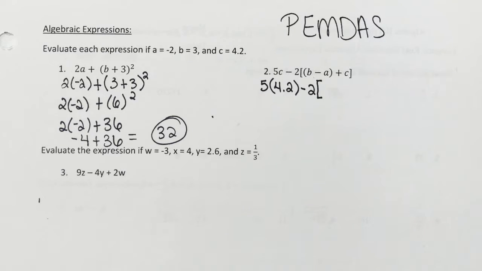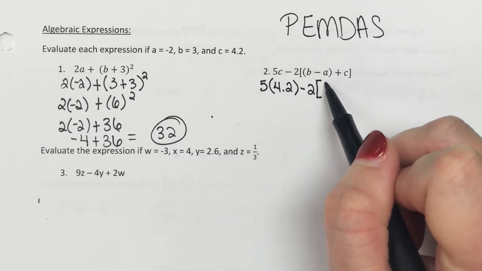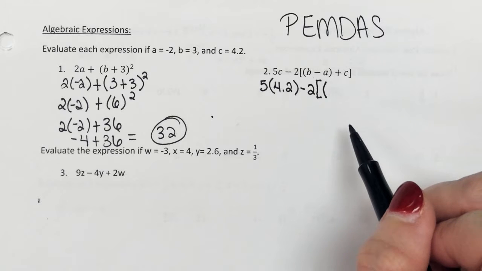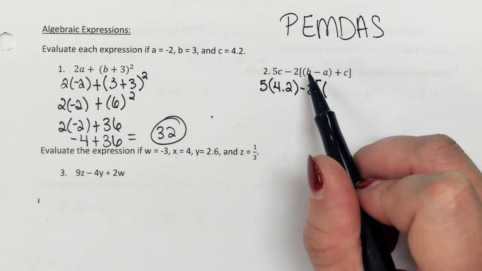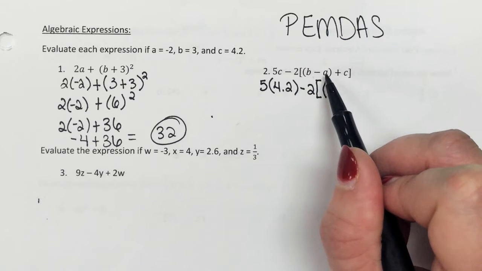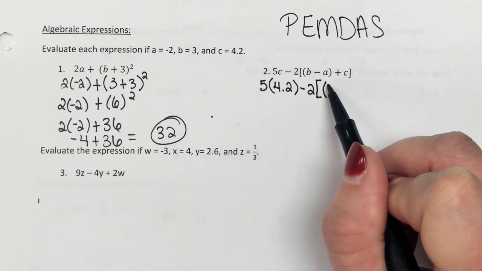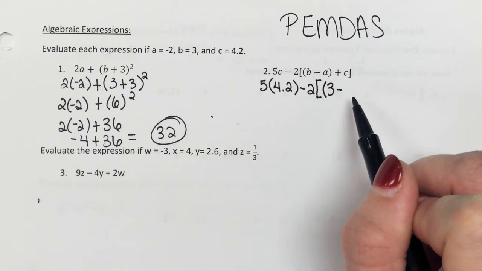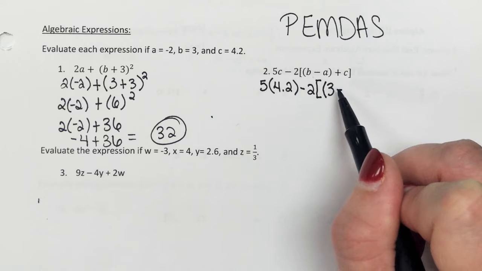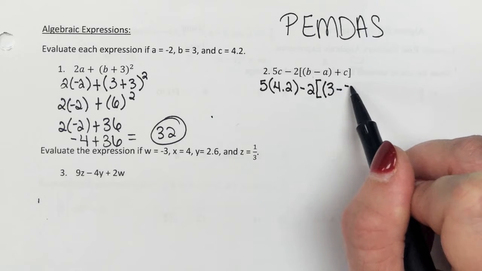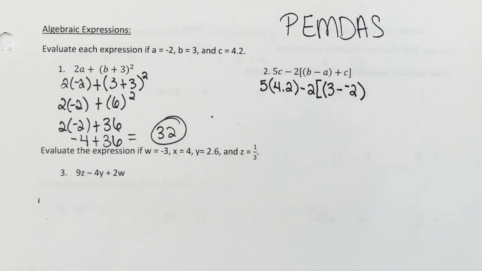It's just there to help you separate things. So you had a bracket and then a parentheses. And then it says b minus a. So what's b? 3 minus what's a? So it's 3 minus negative 2. b minus a. Does that make sense?